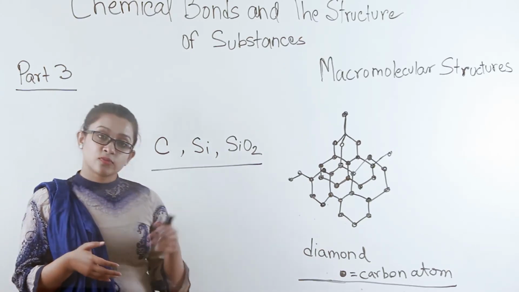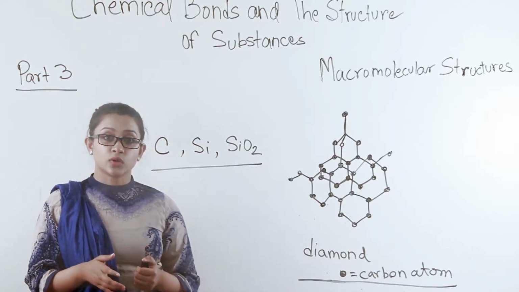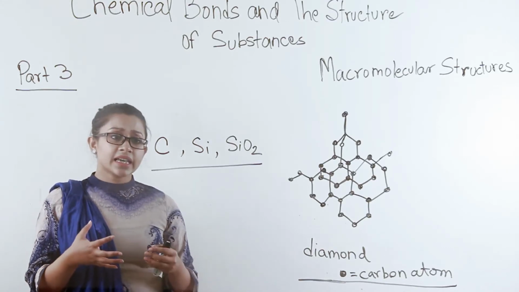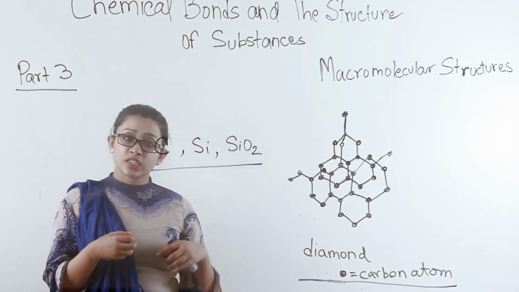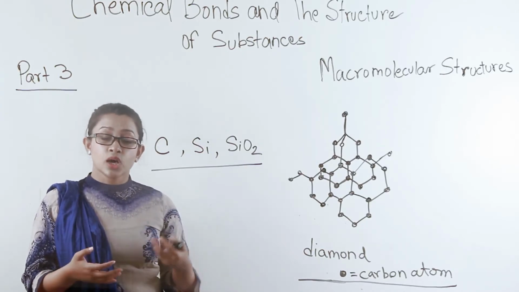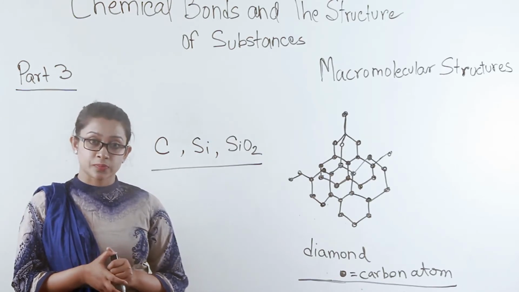And in case of macromolecular substances, we learned that these molecules are known as macro or big molecules. The atoms of these molecules are held together by strong covalent bonds, which is also why they are known as giant covalent molecules.